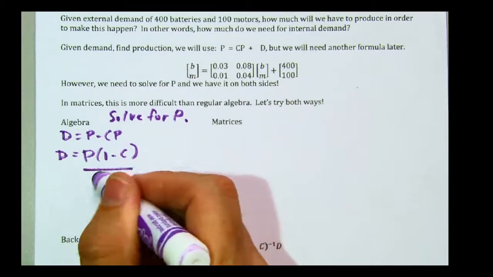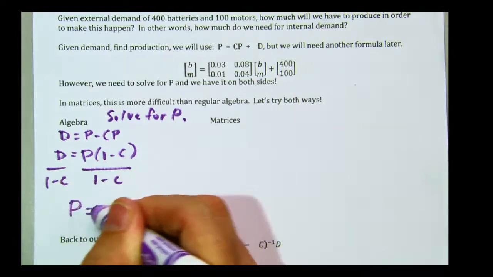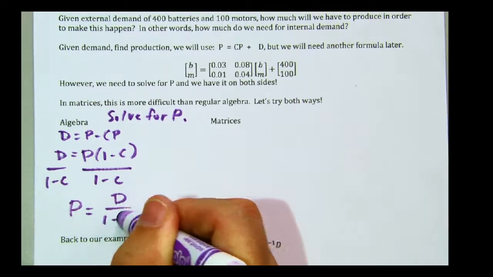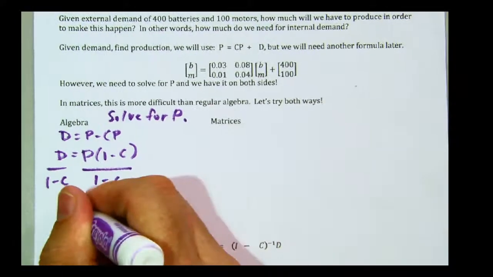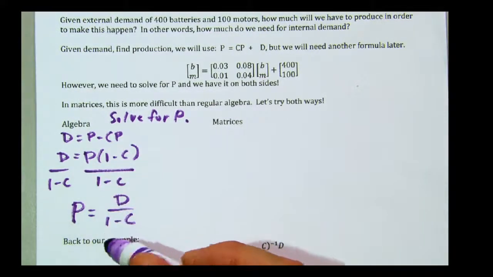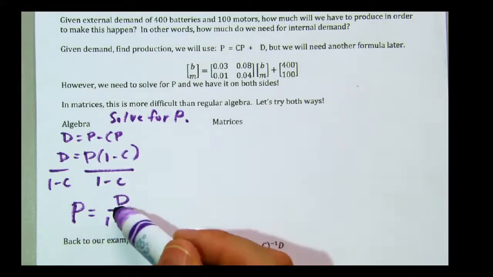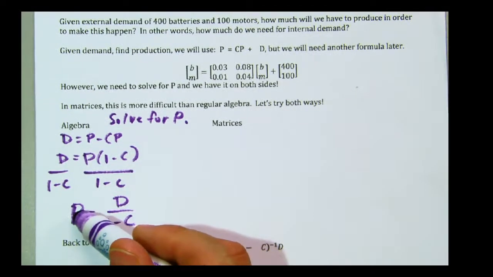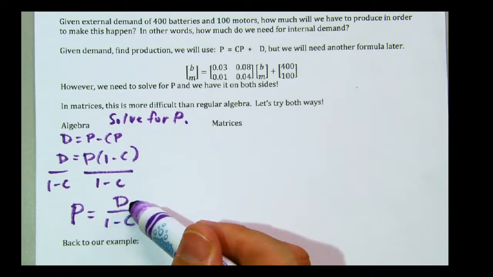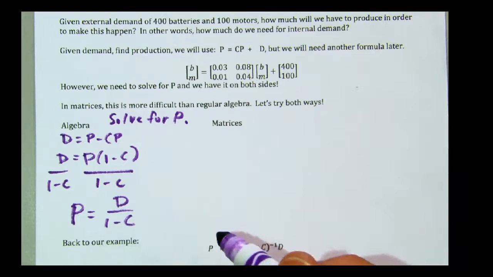Now I can divide by 1 minus C. So P is equal to D divided by 1 minus C. So here in algebra, when we just have a one sector economy, this is very easy. Production is found by taking the external demand and dividing by 1 minus the consumption.